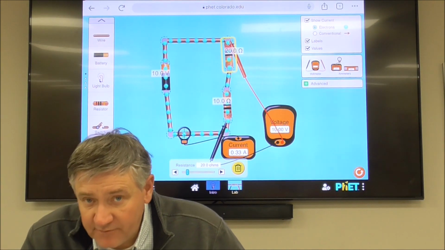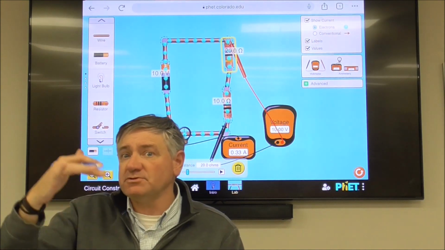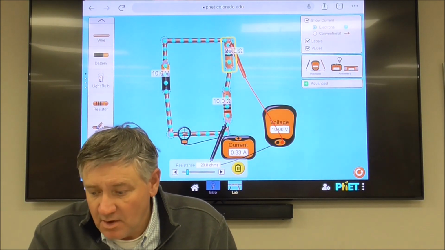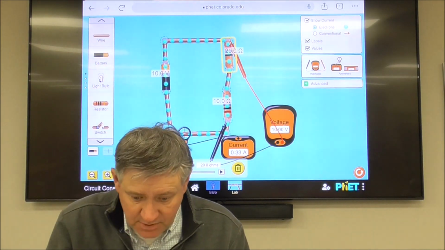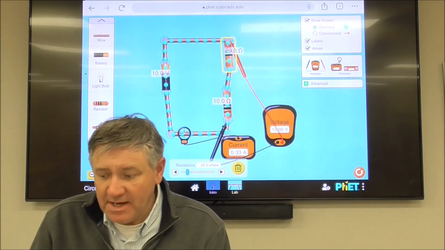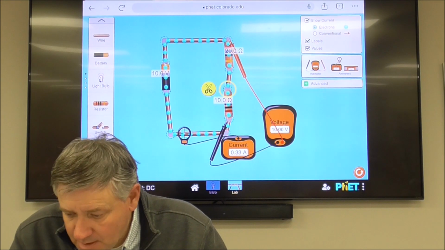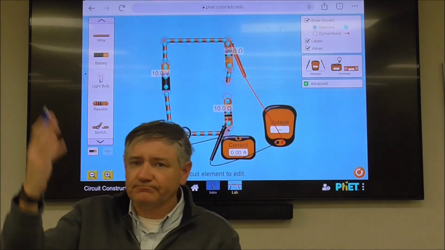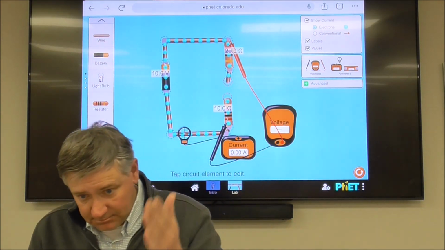But each one individually is going to have a separate voltage drop that's proportional to the resistance. The more resistance that it has, the more voltage it's going to drop. Now, here's the difference. If they're in series and I cut that, everything stops. If they're in parallel and I disconnect one of them, it stays on.